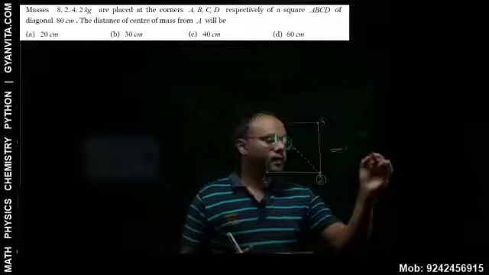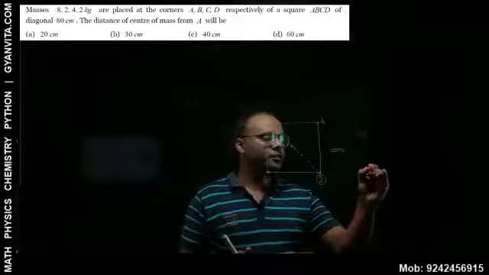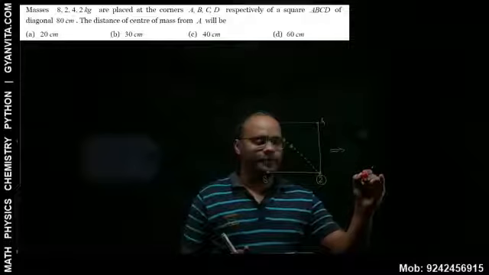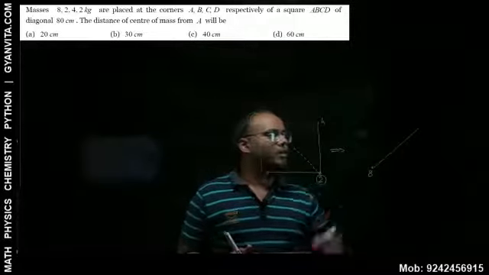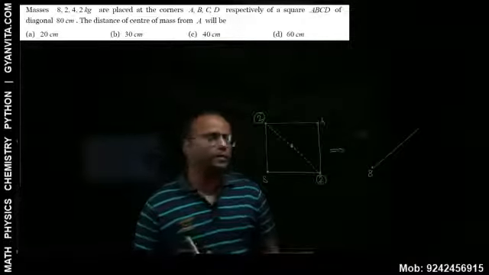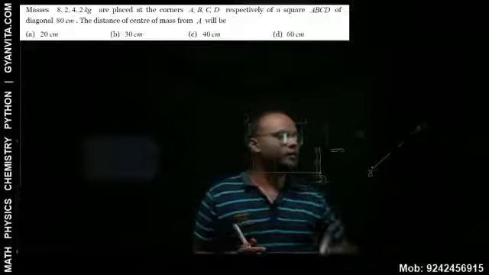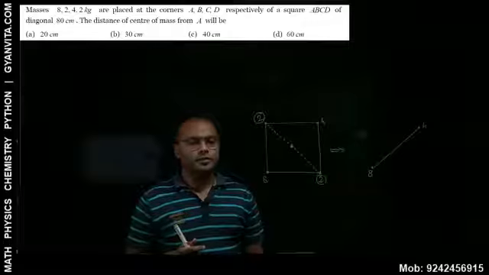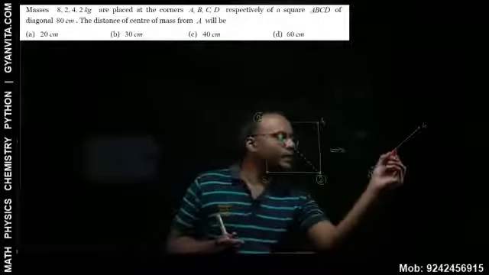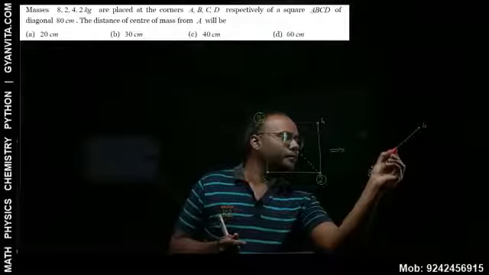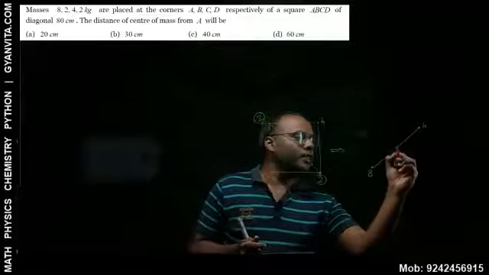Yeah. So now you have a situation where this A is 8, and then on this line, which is of 80 centimeters length, here you have another mass whose mass is 4, right? And exactly at the midpoint, you have another mass which is 4.